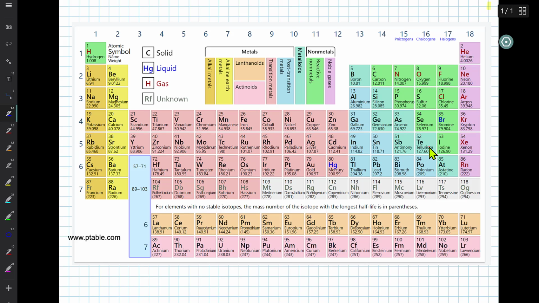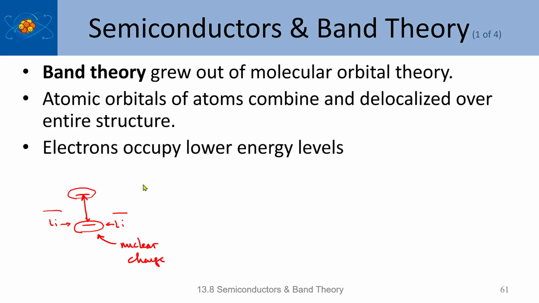Less stabilization by the nuclear charge, simply because they're getting further and further away from the nuclei. So small differences between bonding and anti-bonding orbitals down here cause these to be metals, and large differences between the bonding and anti-bonding orbitals here cause there to be a large gap.